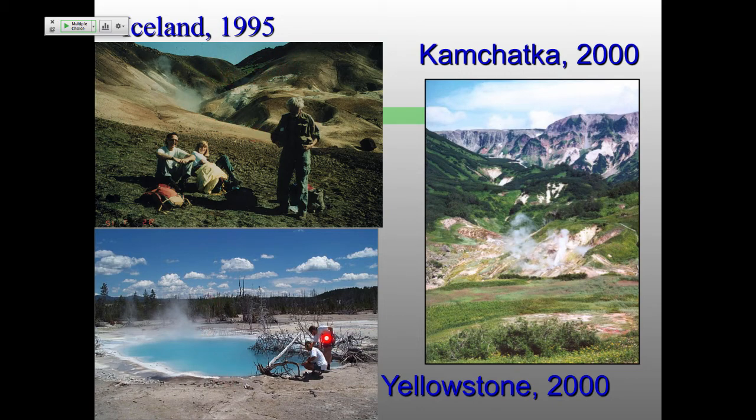This is me and Blake Wiedenheft, who gave our seminar on CRISPR a few weeks back, sampling in Yellowstone. And I was very fortunate to be able to go to Kamchatka in far eastern Russia to collect some samples in a place called the Valley of the Geysers. And basically, wherever you go and you find the appropriate conditions of low pH and high temperatures, you'll find these viruses.